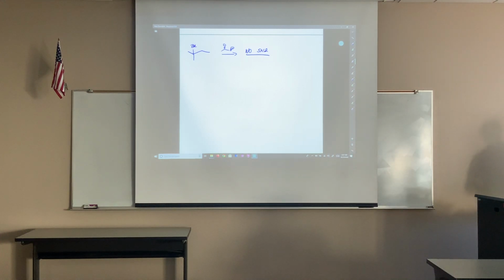So, tertiary leaving group with a good nucleophile but a weak base. So we will do a different reaction in this case probably, right? But we'll get to that in just a second. All right. Not what I wanted. There it is.